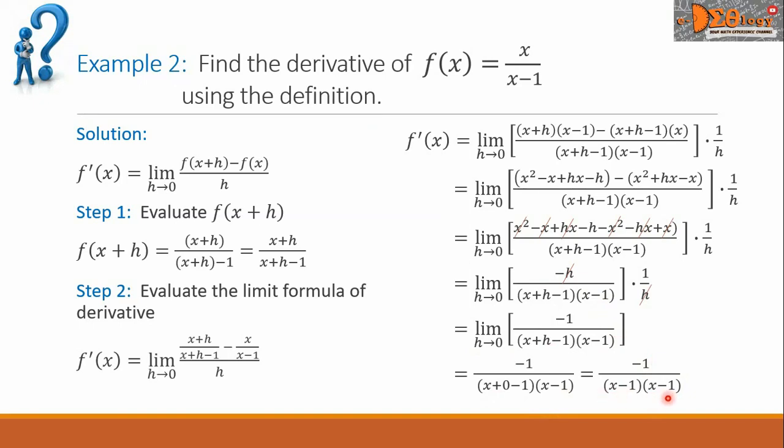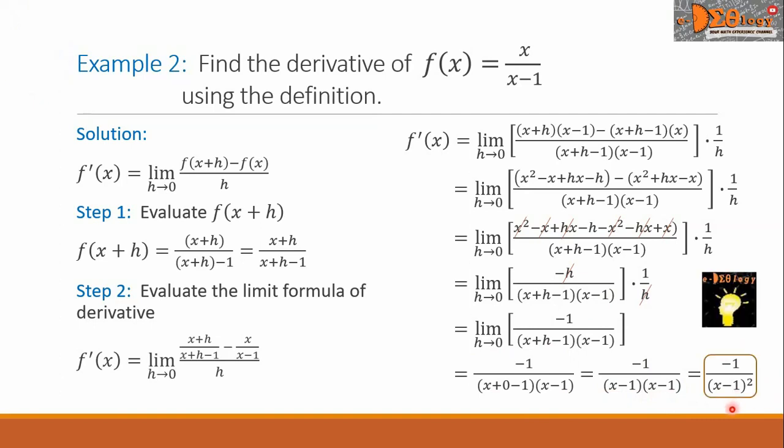We can put the factors together using exponent. So our final answer is negative 1 over the square of x minus 1. This is the derivative of our function here.